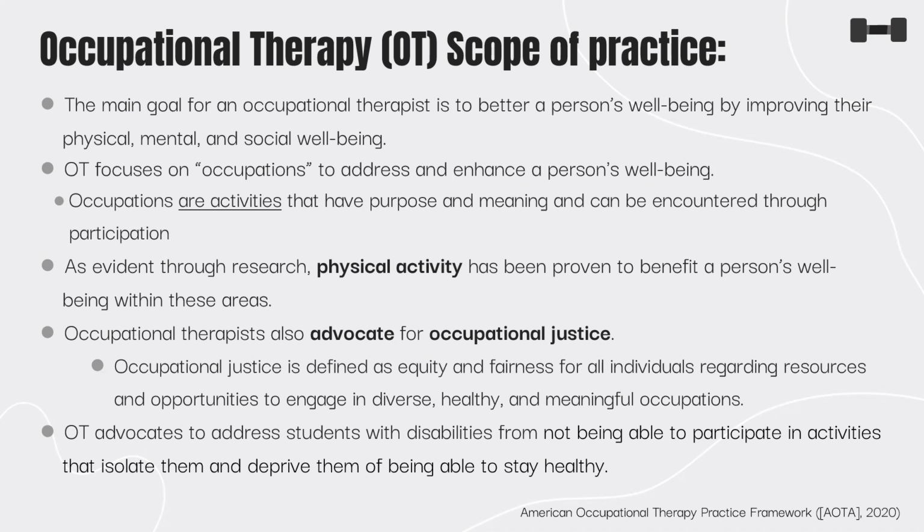Another role an occupational therapist oversees is the duty to advocate for occupational justice among all individuals. Occupational justice is defined as equity and fairness for all individuals regarding resources and opportunities to engage in diverse, healthy, and meaningful occupations.